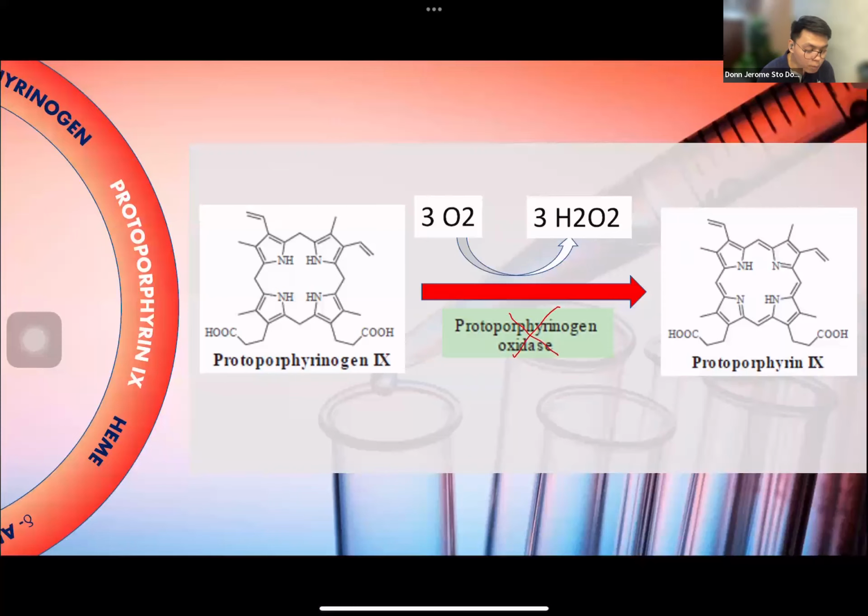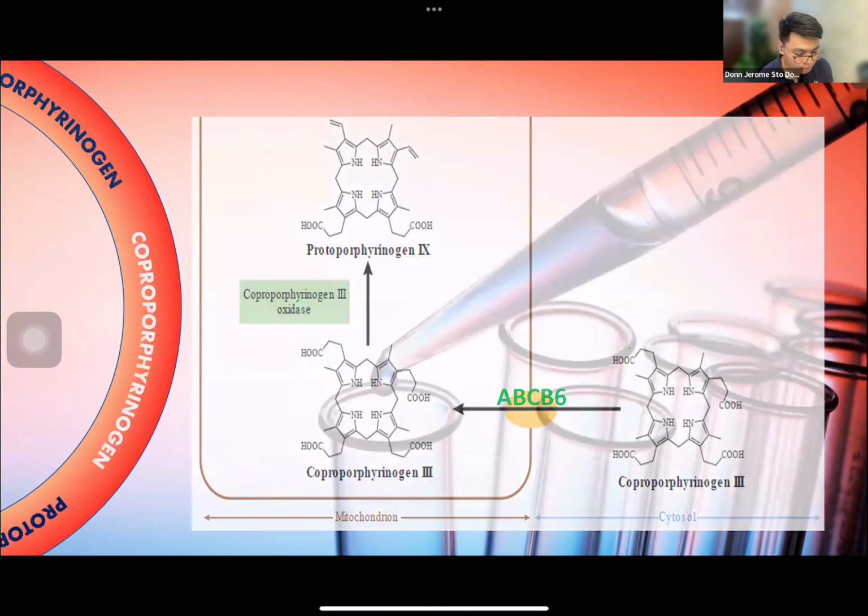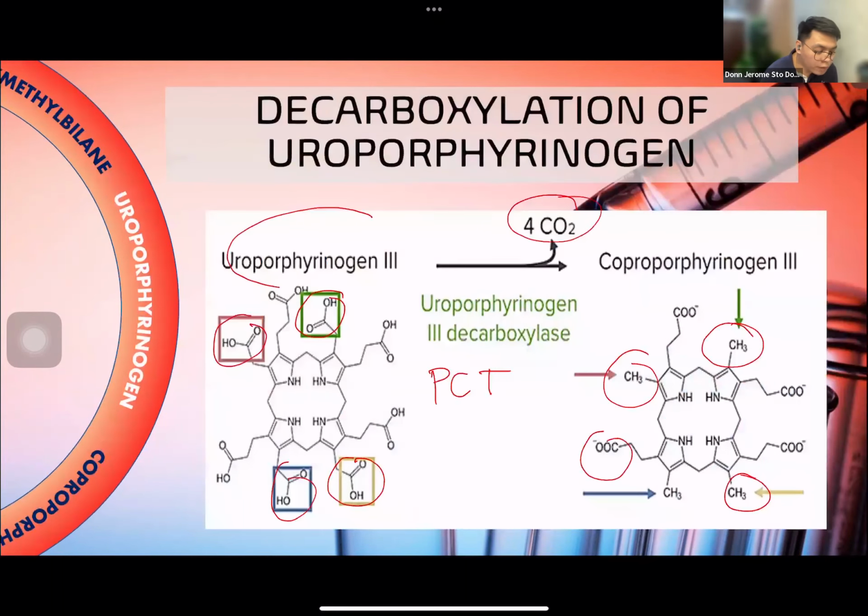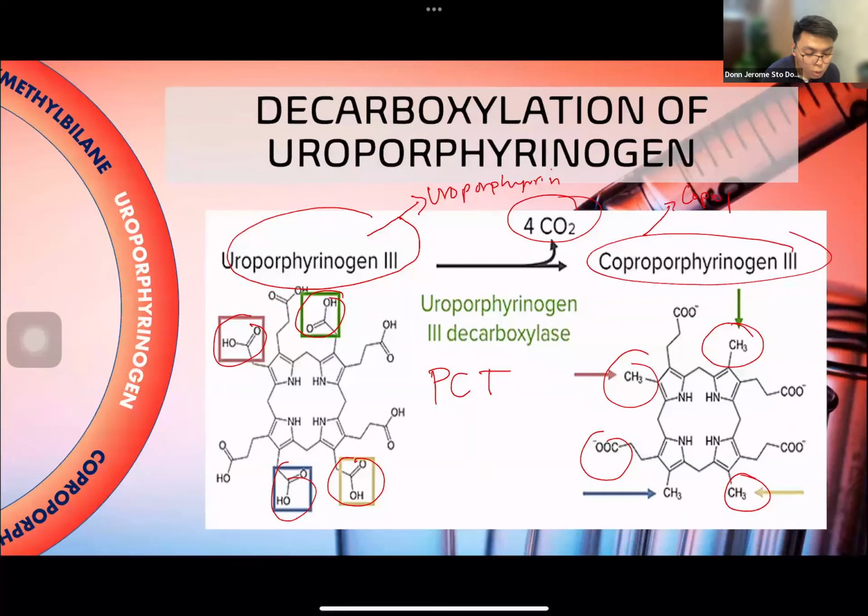Kahit wala yung protoporphyrinogen oxidase, protoporphyrinogen can spontaneously oxidize to its protoporphyrin counterpart. Uroporphyrinogen, even without an enzyme, can auto-oxidize to your uroporphyrin, and coproporphyrinogen can undergo spontaneous oxidation to coproporphyrin.